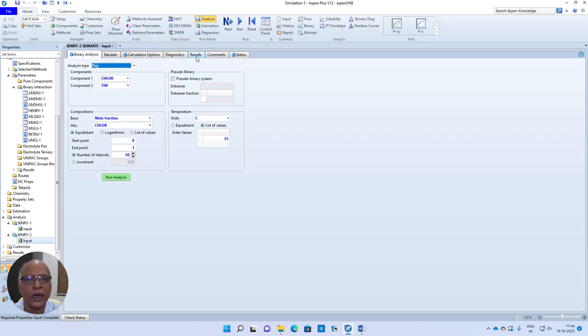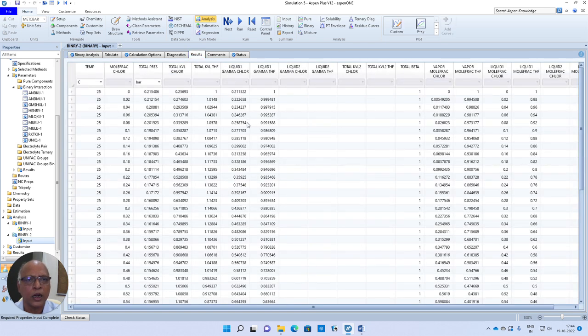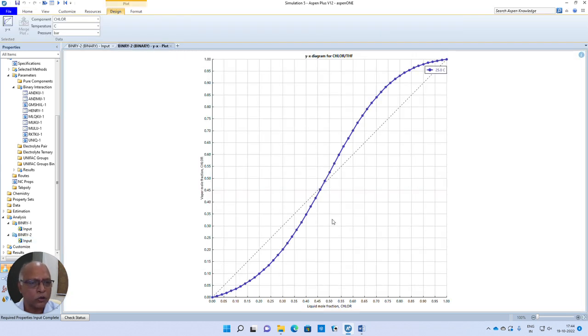Let me also look at the results. Now you can see the values of gamma 1 and gamma 2, right, are less than or equal to 1. This is the characteristic of systems exhibiting negative deviation. In the same way, you should be in a position to plot y versus x also. So this is your azeotropic composition at this particular temperature, right?